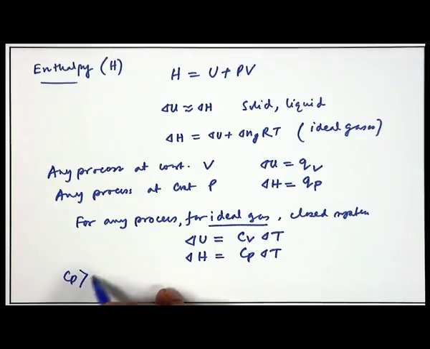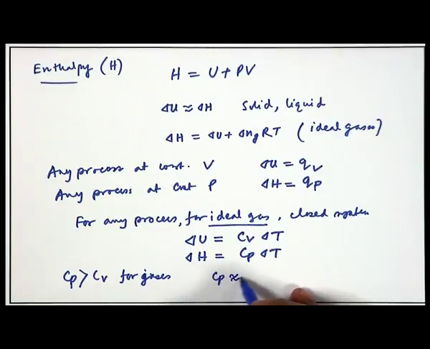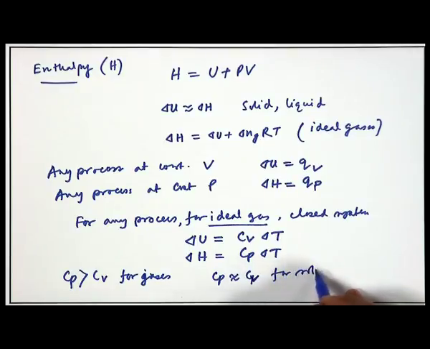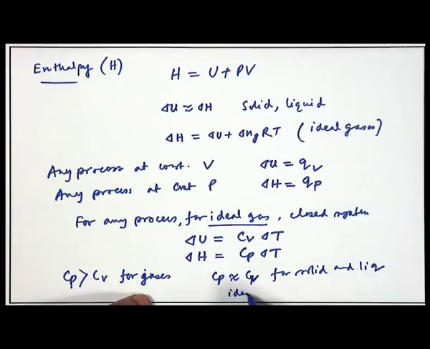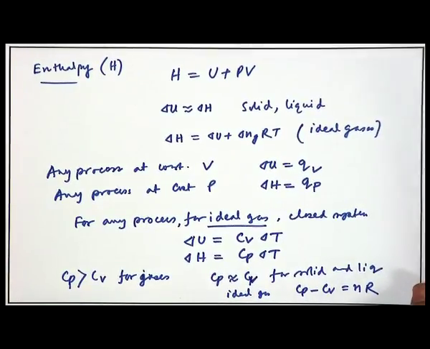C_P is always greater than C_V, mainly for gaseous substances. For solids and liquids, C_P is very close to C_V, and for an ideal gas, C_P minus C_V is nR.